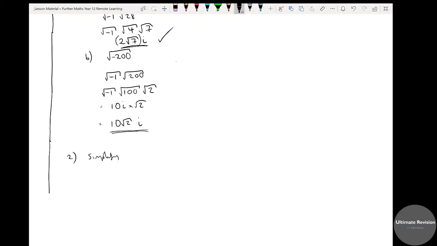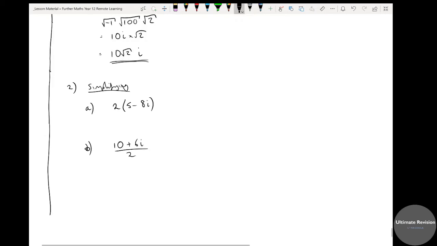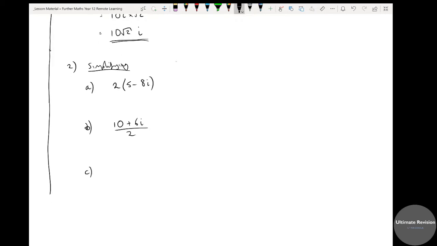Okay, I suppose example 2 is simplifying. Now this is even easier if I'm honest. Simplifying. So simplify: a, 2 times 5 minus 8i; b, 10 plus 6i over 2; you might get c, 2 minus 5i times 3 plus 4i.